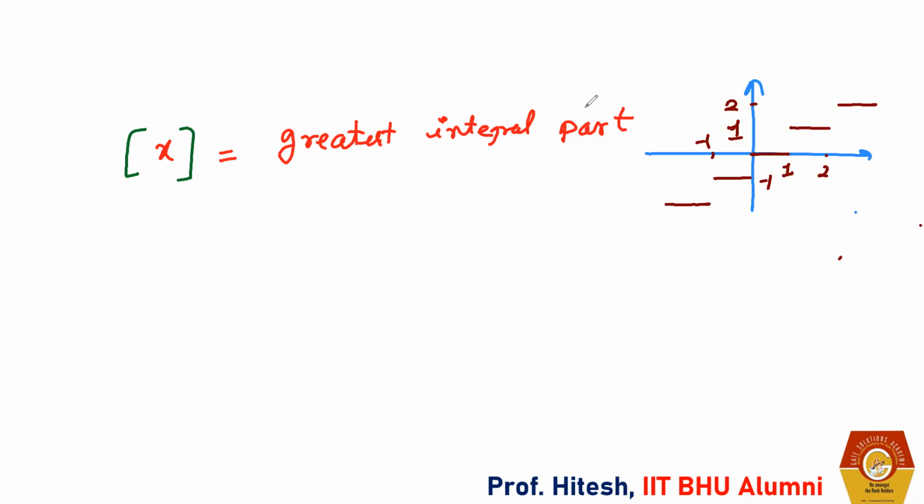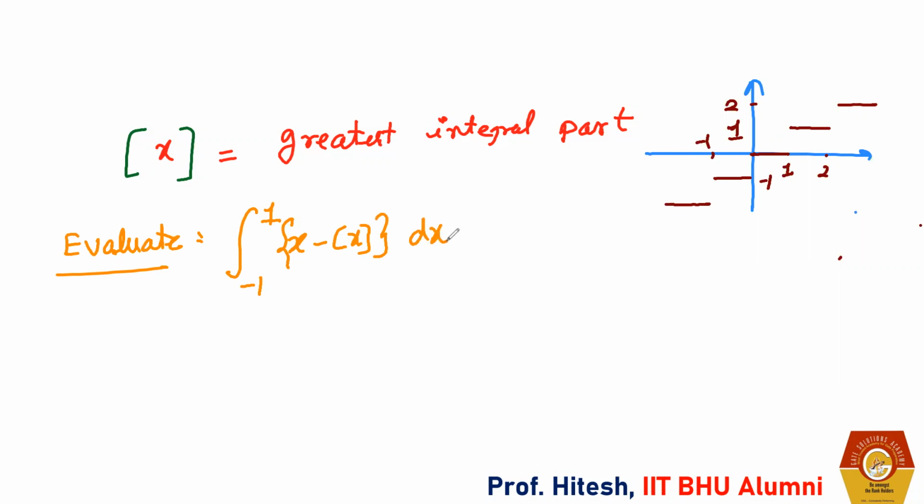So our question is, evaluate the integration from minus 1 to 1 of x minus greatest integer function x dx. Don't make this bracket, this indicates a different thing, I will tell you in the next question.